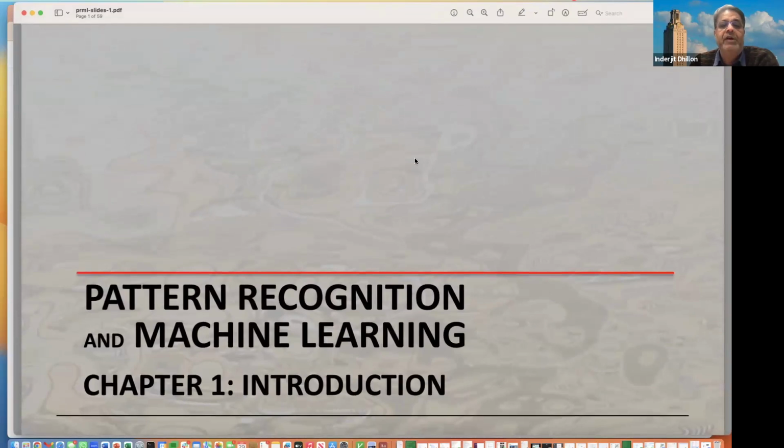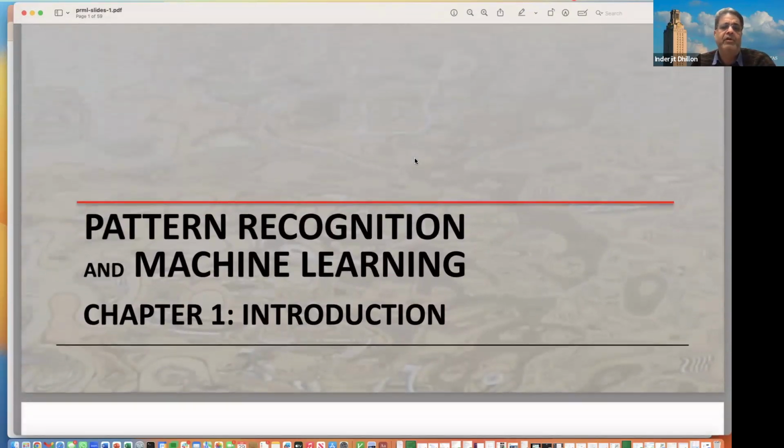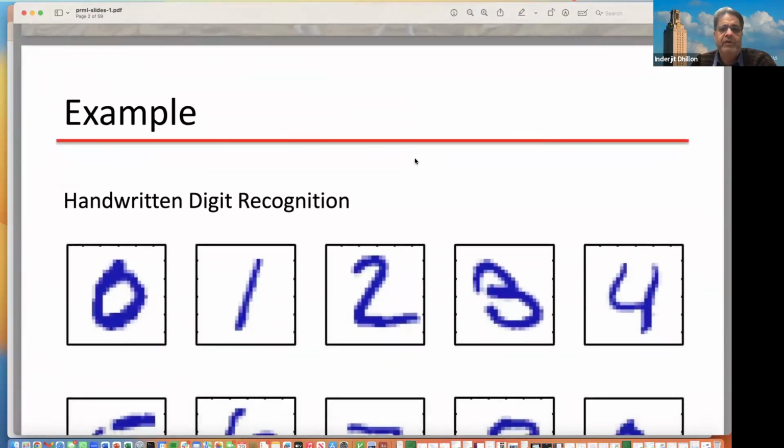Okay, so you guys can see my screen. This is an example from the textbook by Chris Bishop. Hopefully all of you can see it.